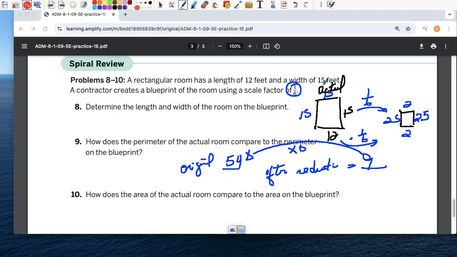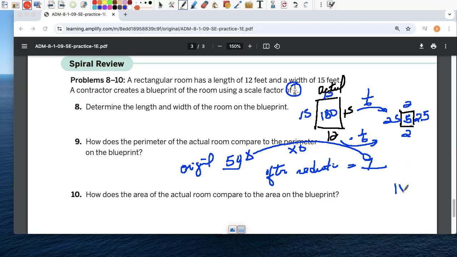Okay. How does the area of the room compare? Well, what's the area of a room here? 15 times 12, let's figure it out. The area is the space inside. 15 times 12 is 180, so the area of the original, right, is 180 feet squared. And then this one, if you multiply 2.5 times 2, the area is 5.